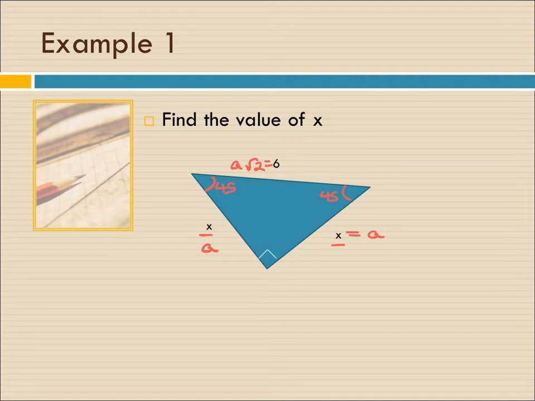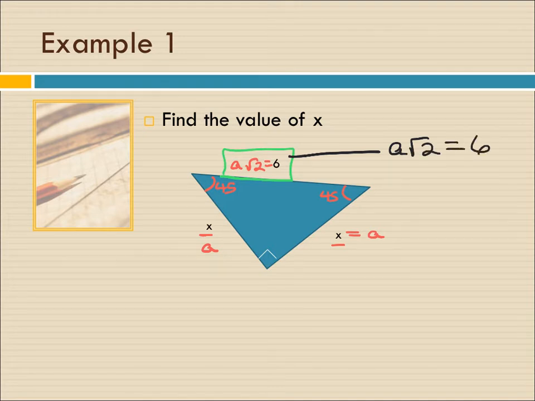So again, you're going to be given one side, and from that one side, you need to find the value of all the other sides. So if I'm given that the hypotenuse is equal to 6, and I know that the hypotenuse of a 45-45 right triangle is equal to A square root 2, I'm going to take this and solve it algebraically.